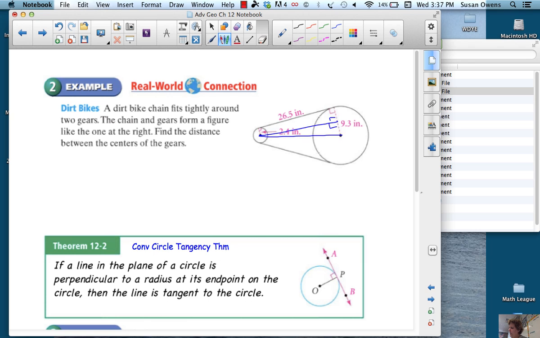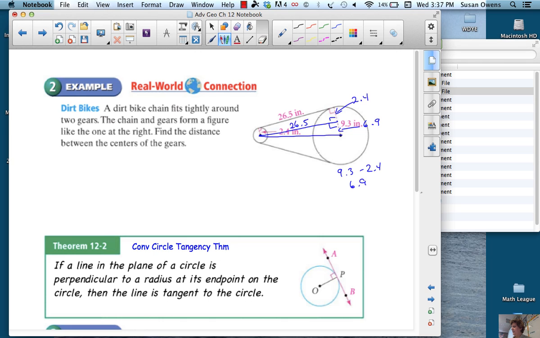So if this is 26.5 for one side of the rectangle, then this is also going to be 26.5. And I can also figure out this part of the radius, because if this part down here is 2.4, then this part right here is 2.4. So if I take 9.3 and I subtract the 2.4, I get 6.9. And so this part has to be 6.9.